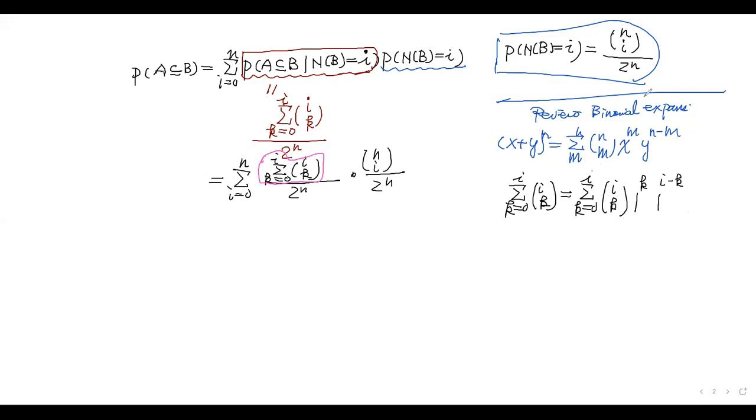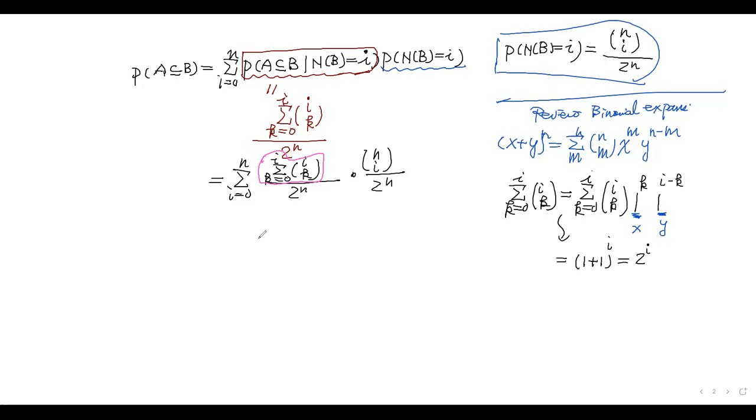So think about this. This is the binomial expansion. So this is x, this is y here. So what is the answer by using the binomial expansion? This will be equal to x plus y, so it's 1 plus 1 to the how many? The i's power. So this is 2 to the i. Okay, correct? All right, so this is 2 to the i here.